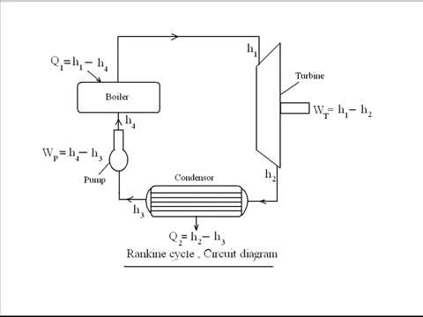Since the pump is doing work on water, the enthalpy of the water will increase, but in the condenser heat is lost, so enthalpy will decrease. Similarly, the enthalpy at turbine inlet, H1, is greater than the enthalpy at turbine outlet. Why? Because some amount of enthalpy will convert into the work done by the turbine.